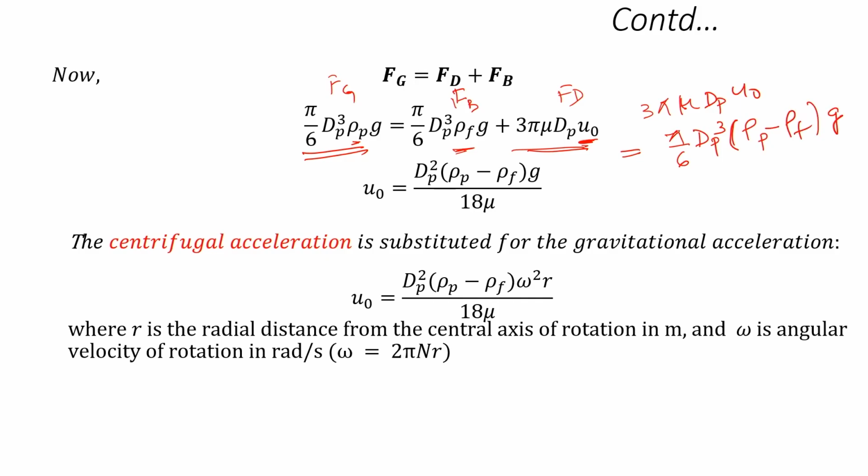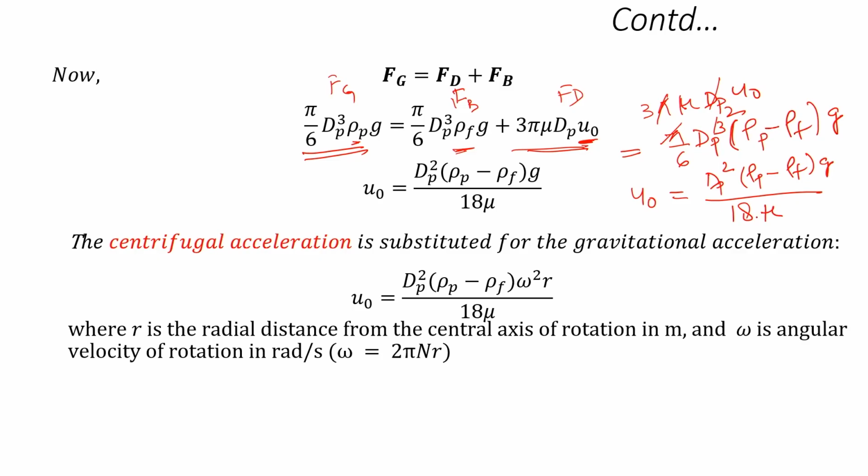Now, pi will cancel out, one dp will cancel out, leaving dp square. So now you are getting u naught as dp square, rho p minus rho f, into g, divided by 18 into mu.